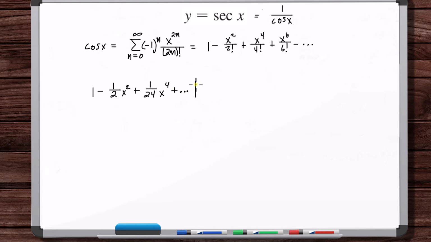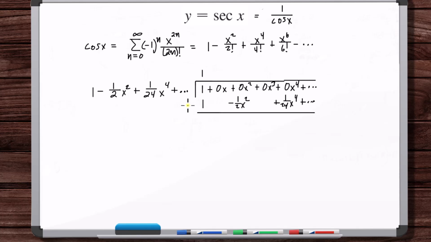Okay, so we've got just 1 plus 0x plus 0x squared plus 0x cubed plus 0x to the fourth. That should be enough there. Okay, 1 divided by 1 is 1. Okay, minus 1/2 x squared, and then plus 1 over 24 x to the fourth.